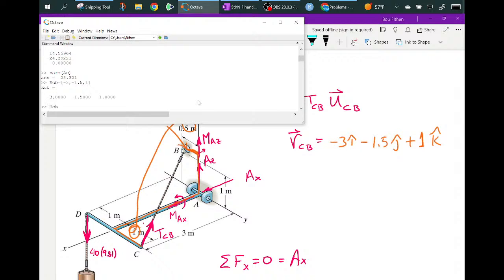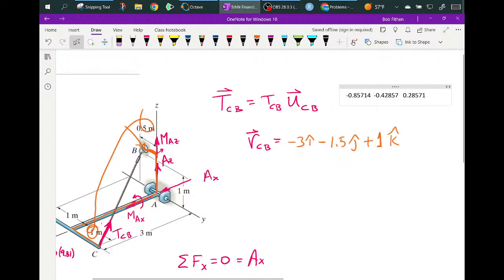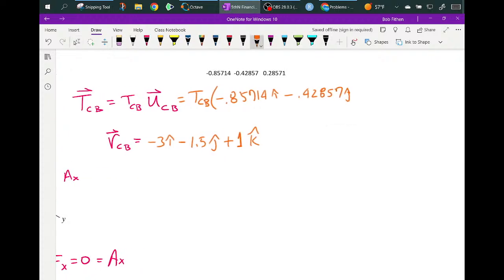UCB is equal to RCB divided by the norm of RCB, which is essentially going to be minus 0.85714 i minus 0.42857 j plus 0.28571 k.